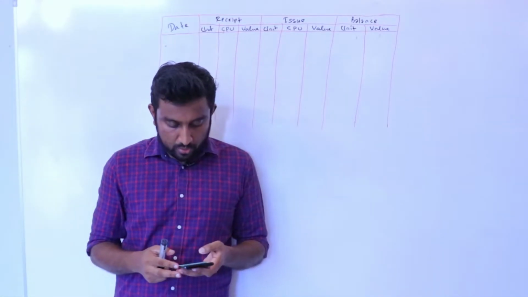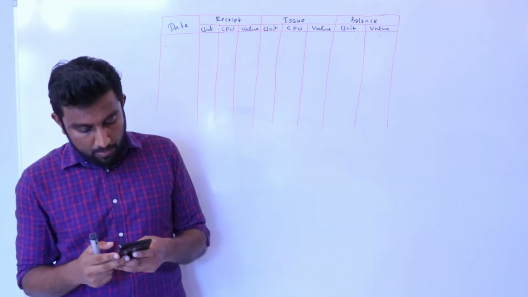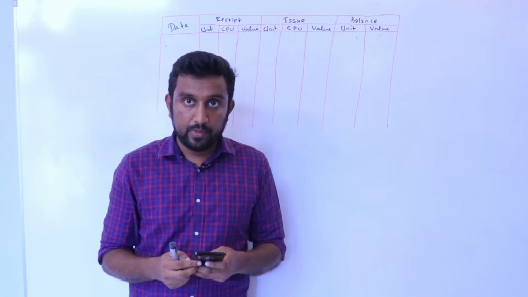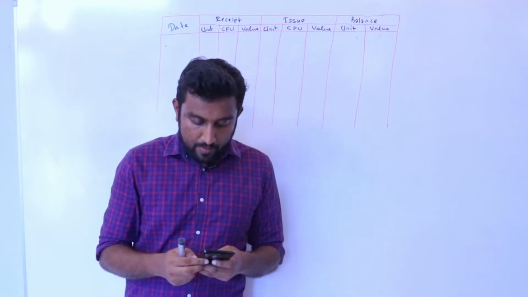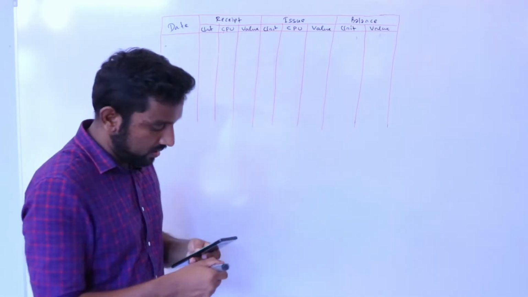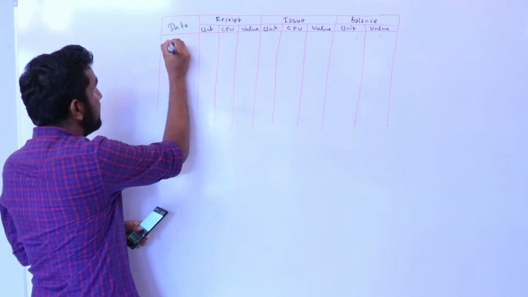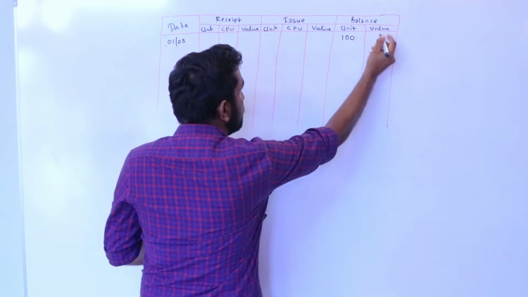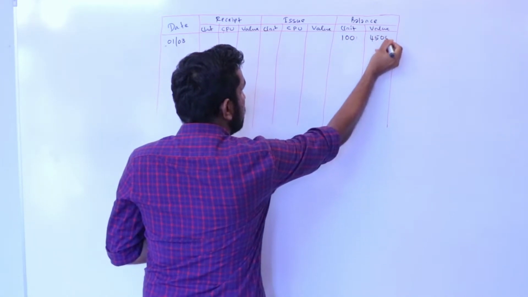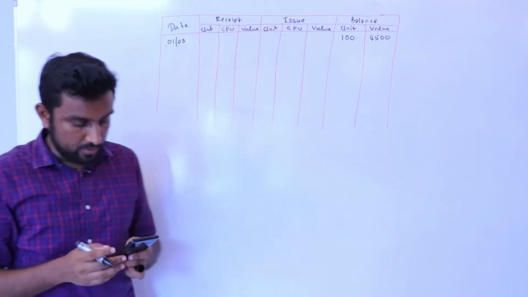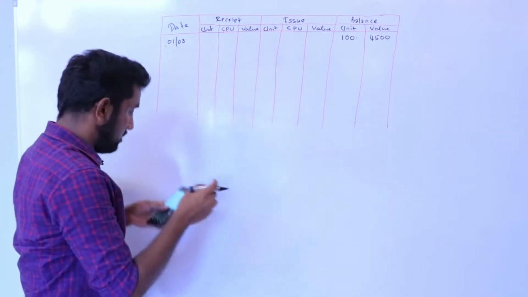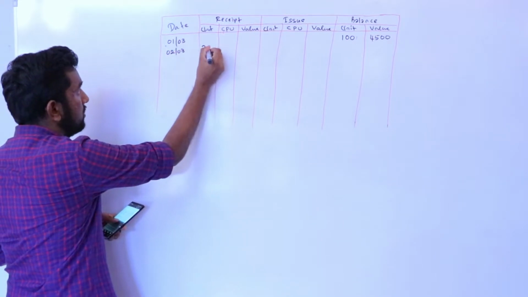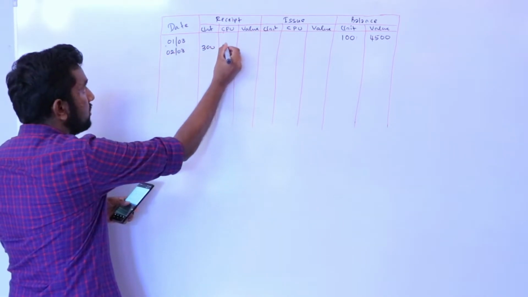Right. So the first question is about a retail business where they are selling goods to the customer, right? So we have the balance of 100 units at 45 rupees. So balance is 100 units at 45, therefore my value is 4,500. That is straightforward. Then we have purchase of 300 on 2nd of March. 300 at 45 rupees.